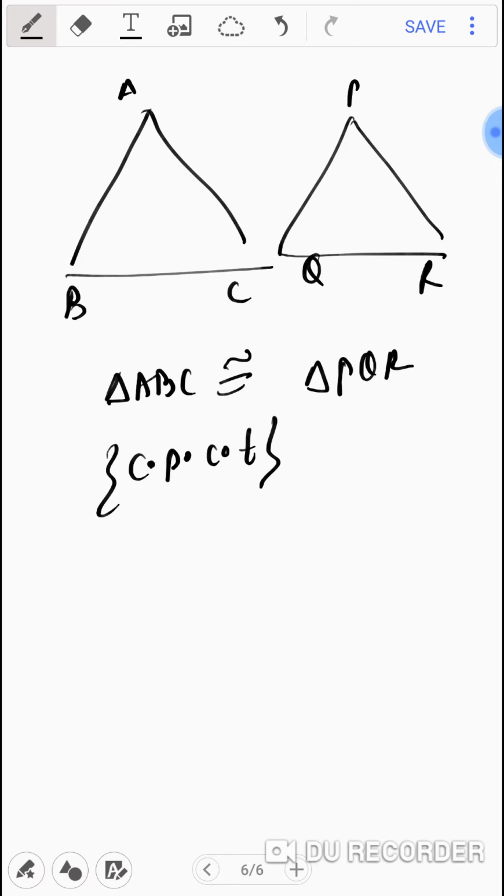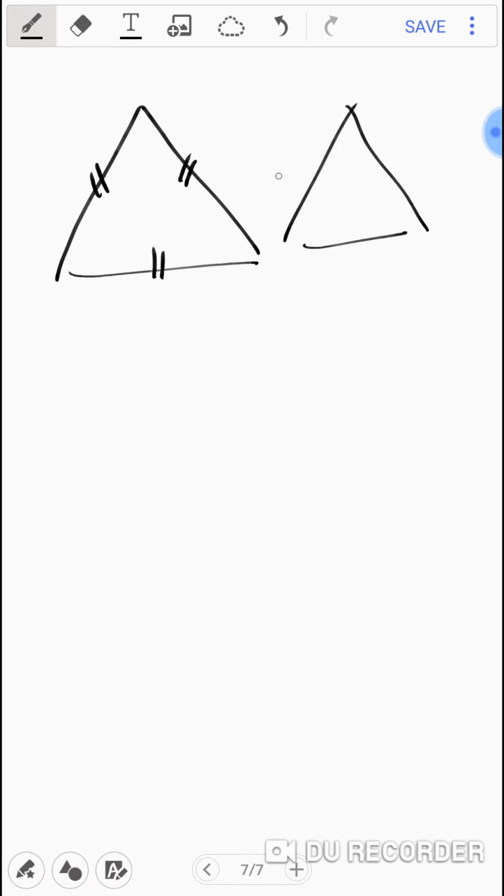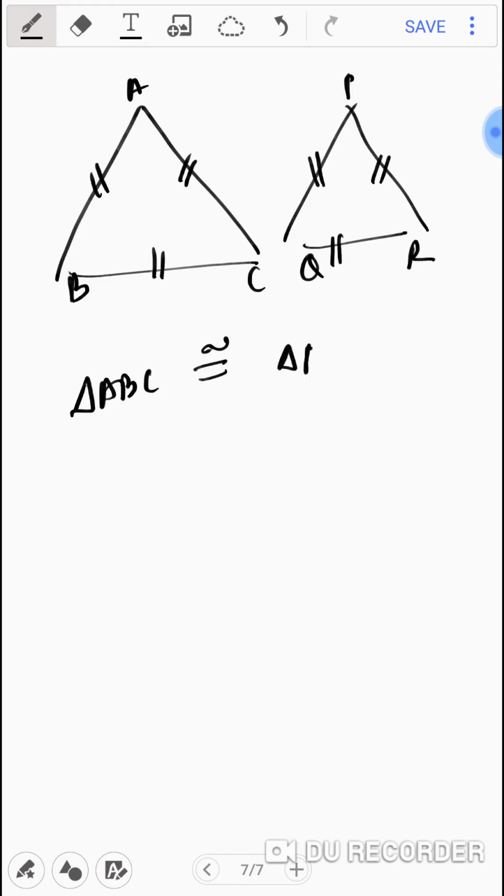For example, suppose I have this triangle and they are congruent by the triple S test. So I'll name them ABC and PQR. Triangle ABC is congruent to triangle PQR by triple S test.